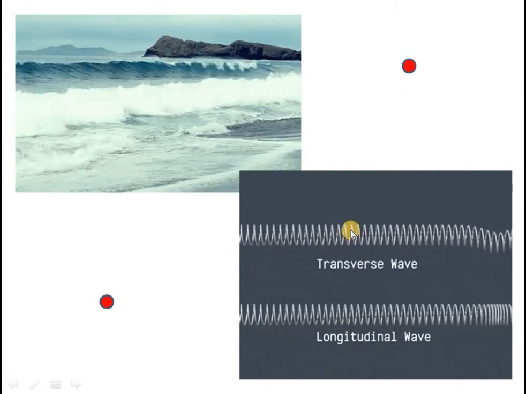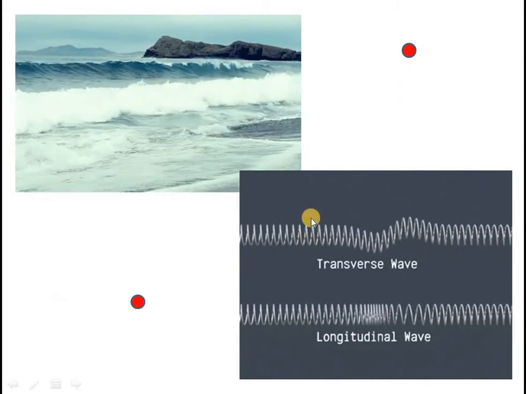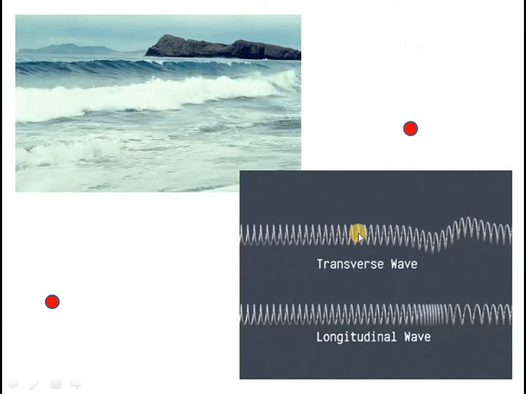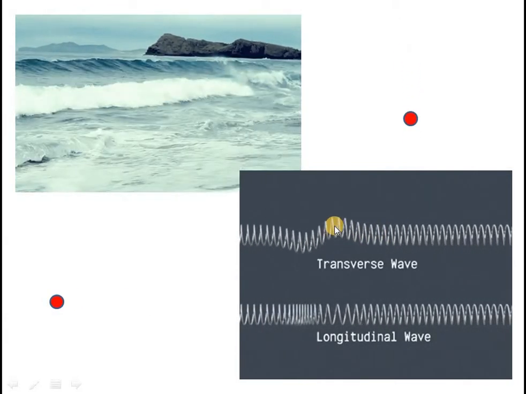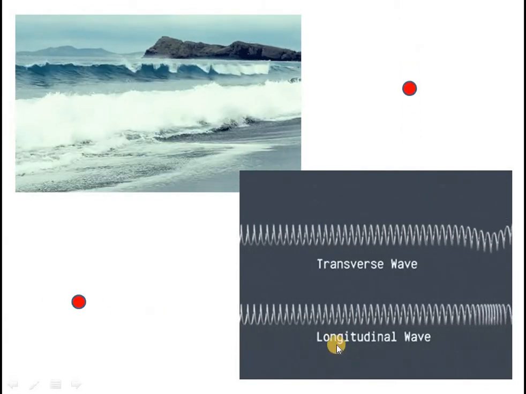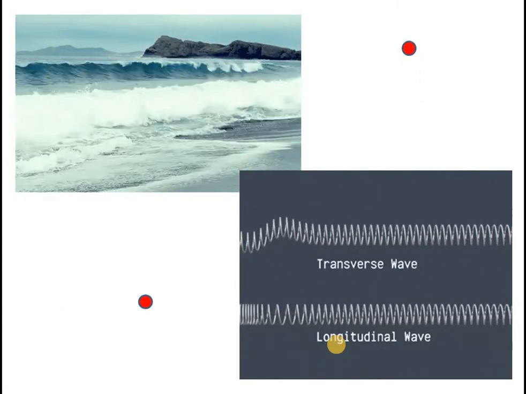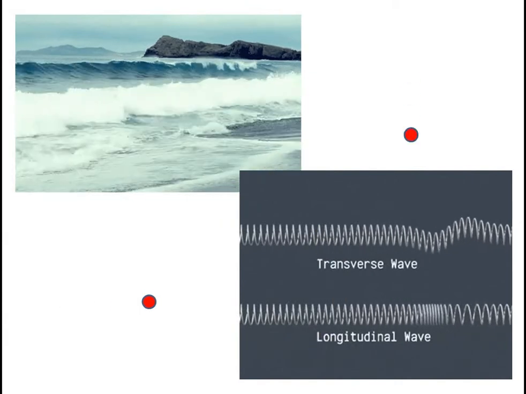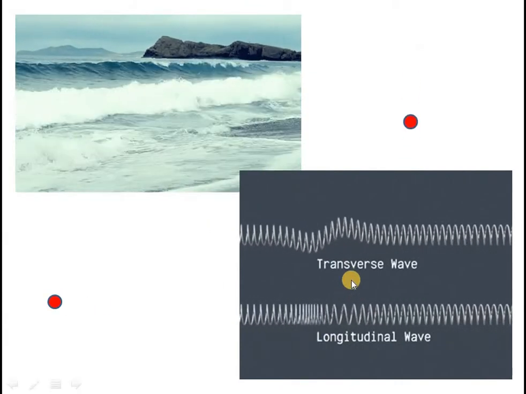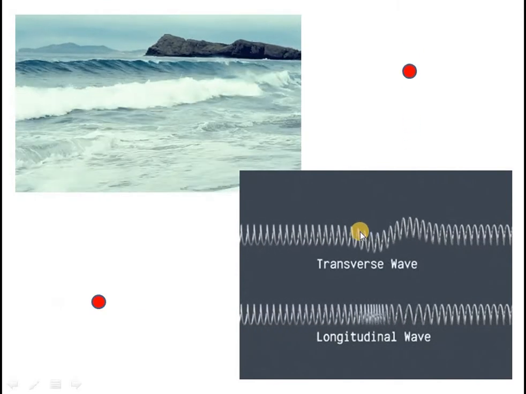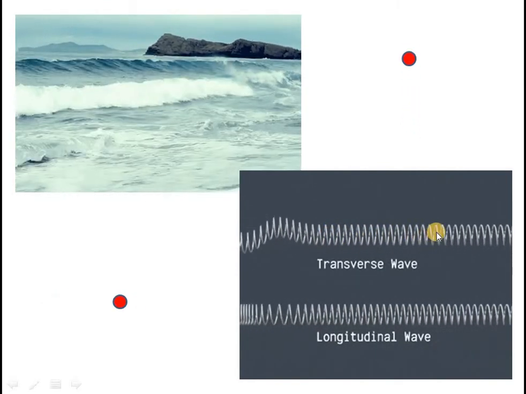Whereas in the transverse motion, every ring executes an up and down motion, but the energy gets transferred. The first one we call transverse wave, and the second one longitudinal wave, because of the difference in the motion of the particles. Transverse means perpendicular, so particles move perpendicular to the direction of propagation of energy.